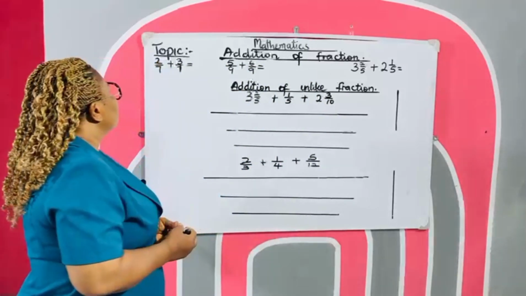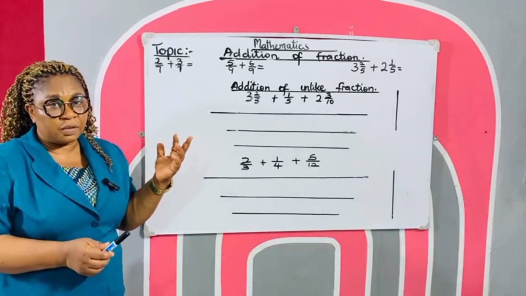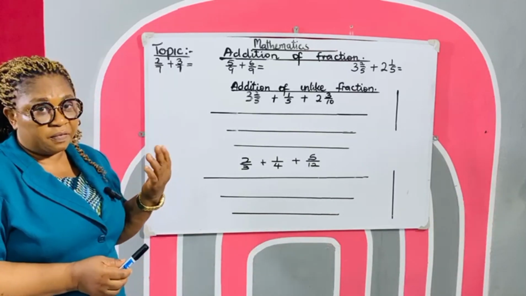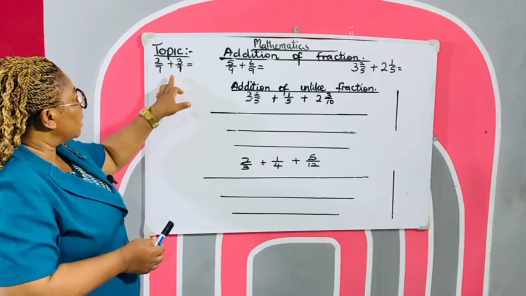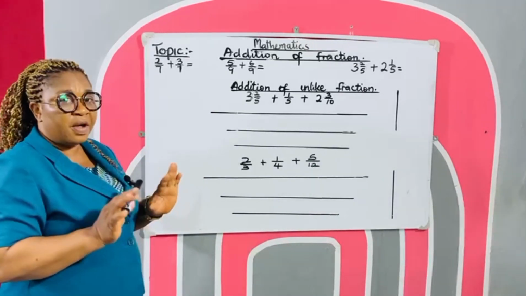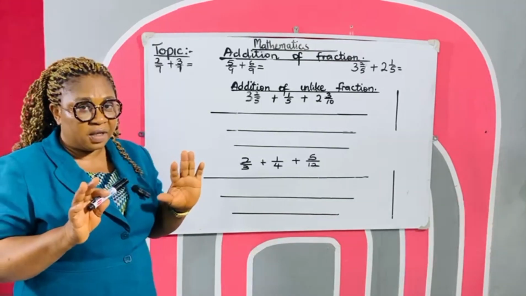I told you in our earlier lesson that we have different types of fractions. We have like fractions and unlike fractions. A like fraction is one where the denominators are the same, and their additions are very simple.